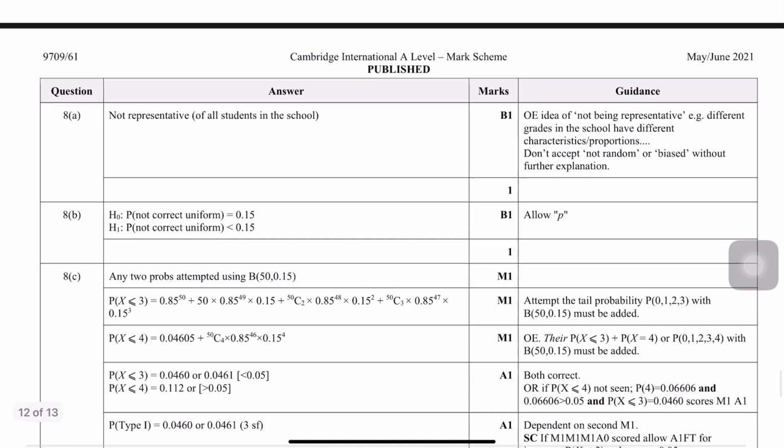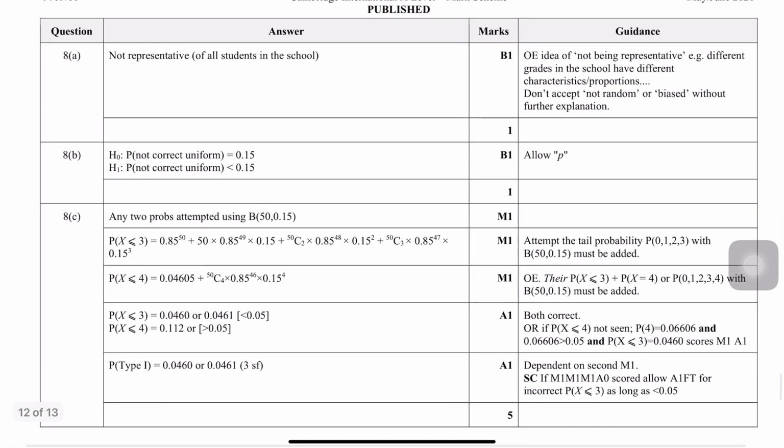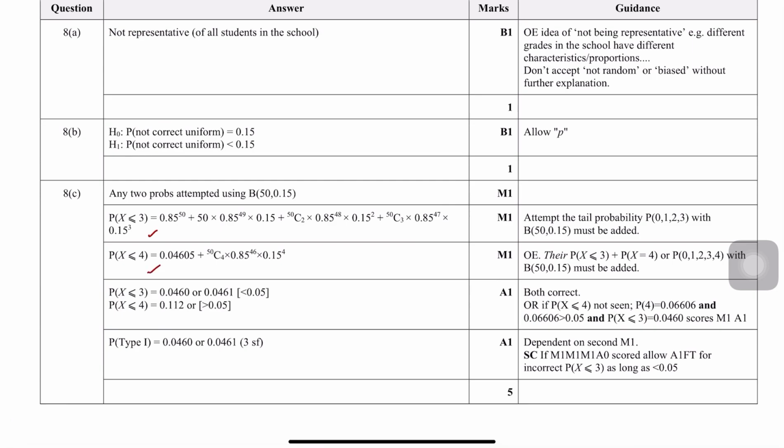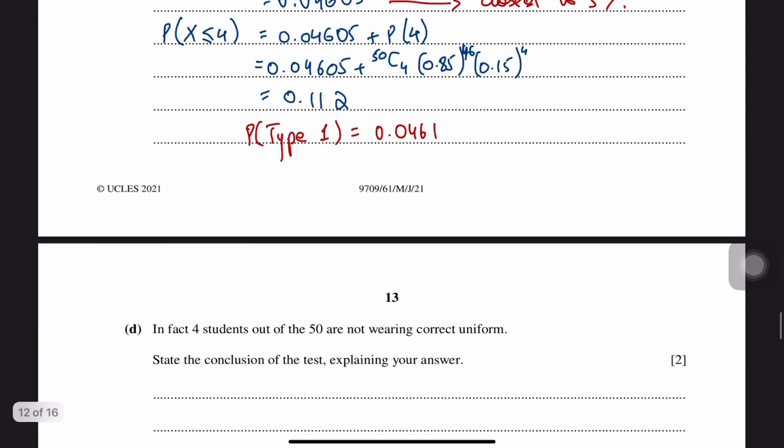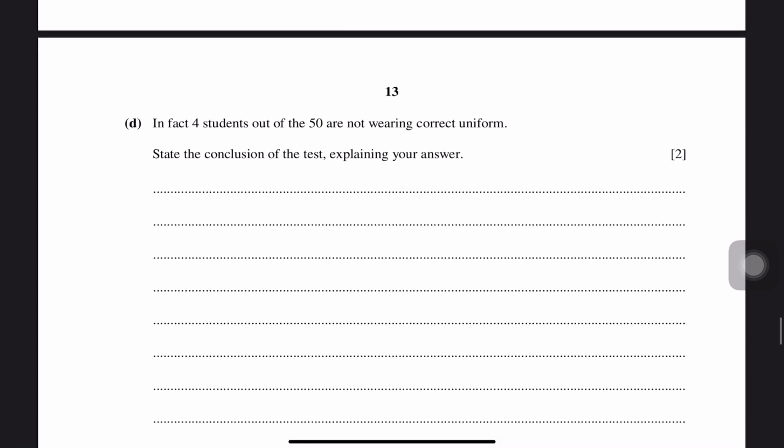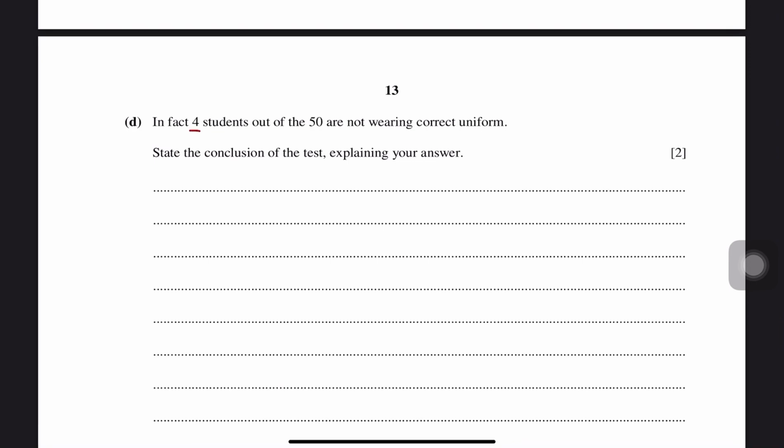So check if I've done this correctly. So I've calculated less than or equals to 3, then less than or equals to 4, then I've told you this. So the probability of type 1, I should write that at the end as well. Then it says, in fact, 4 students out of 50 are not wearing correct uniform. Okay, so this 4 is my test statistic.